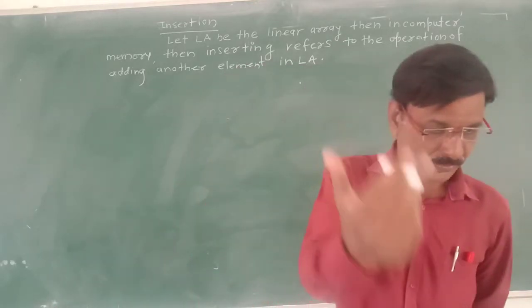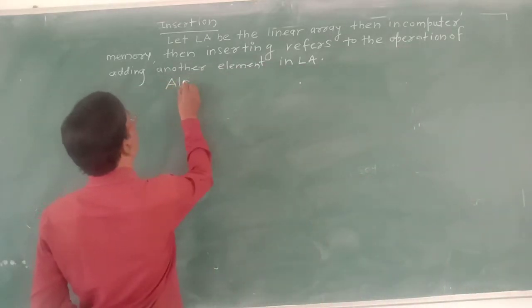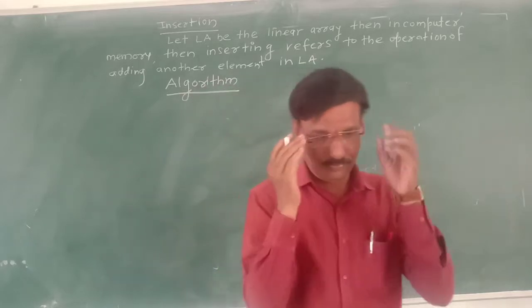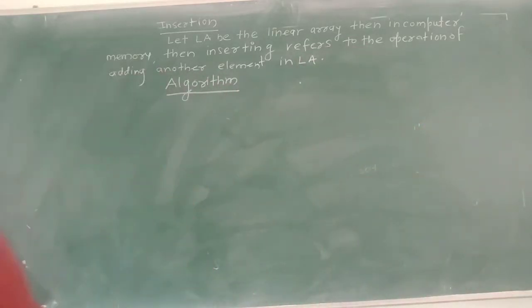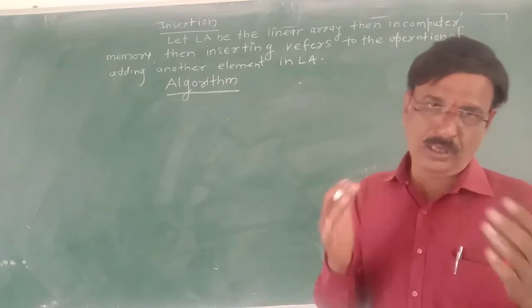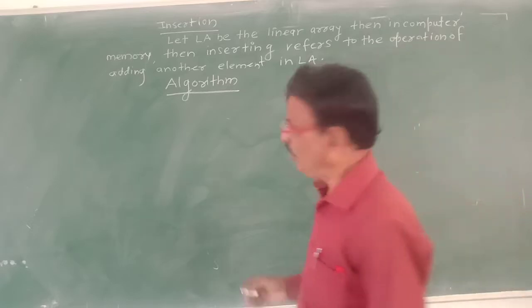So, the algorithm. We have to see how to do it. We know that an algorithm consists of two parts: first part, that is the paragraph, and second part, that is the steps. In the paragraph we see the purpose and the names of the identifiers.